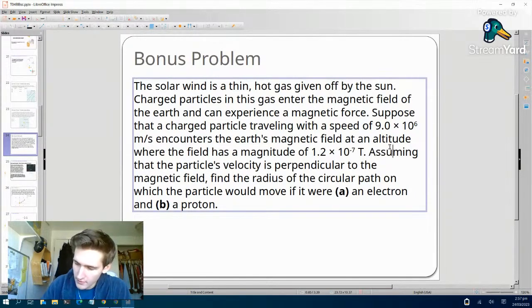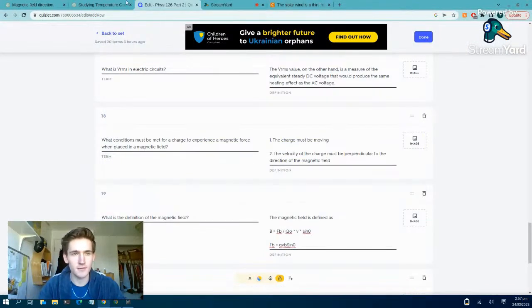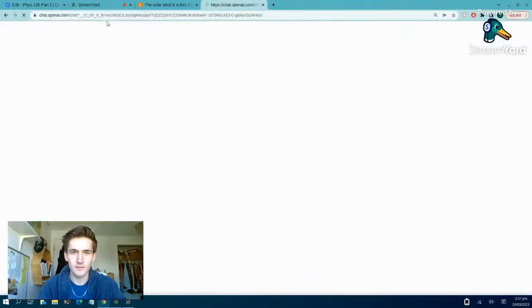So R equals mv squared divided by the force. So now we just need to know the mass of a proton and the mass of an electron.